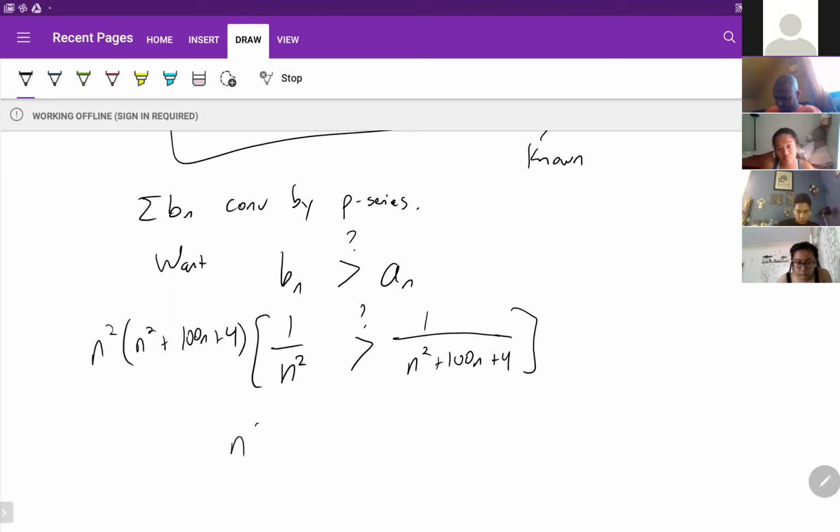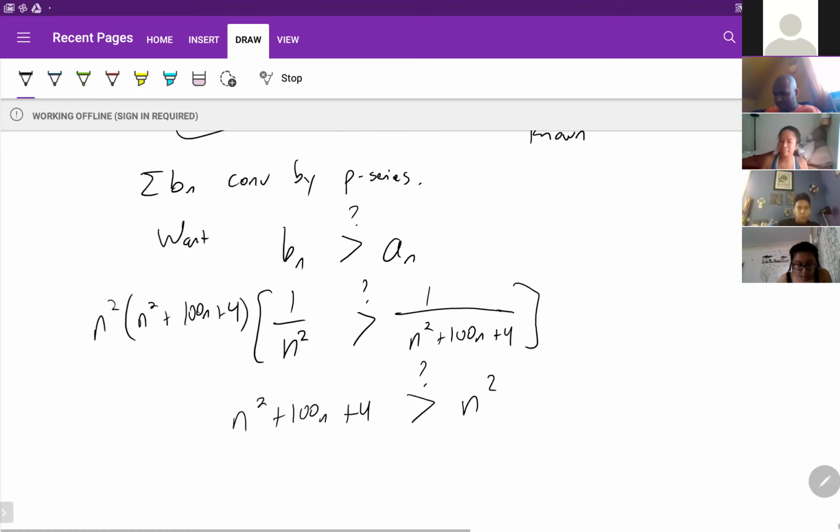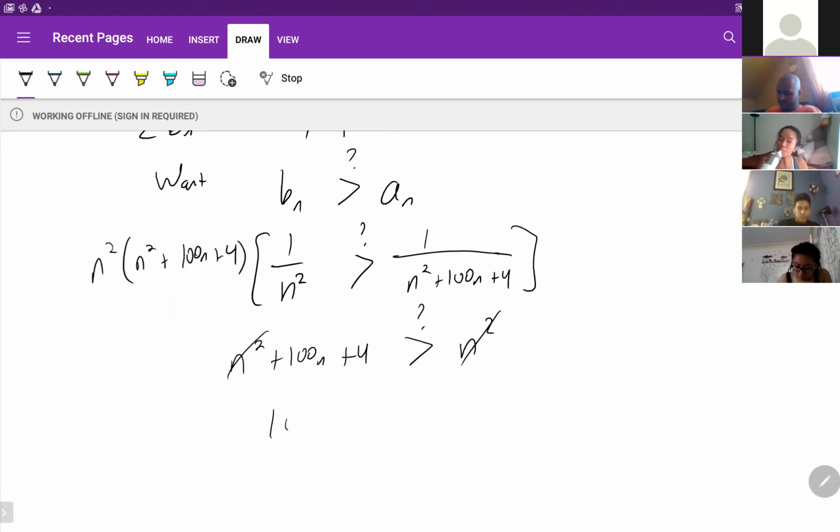I'm left with n squared plus 100n plus 4. And then on the right side, I'm left with n squared, right? You can even take this a step further and say 100n plus 4, is that greater than 0? Is this greater than 0 for all n that fits in our index?